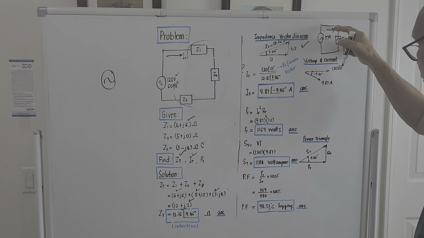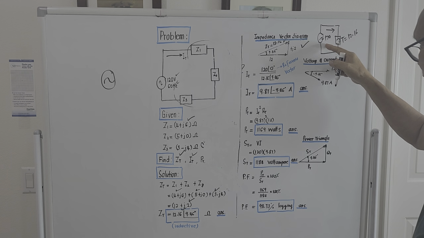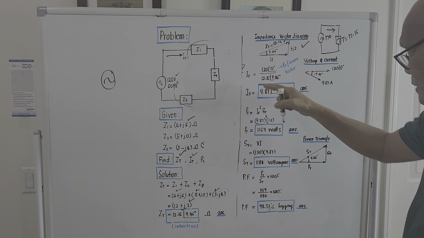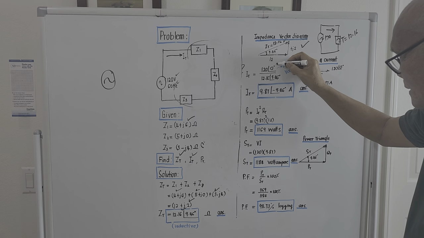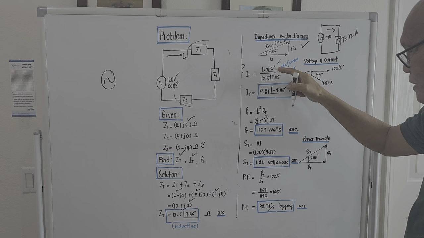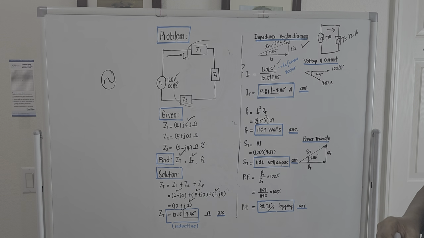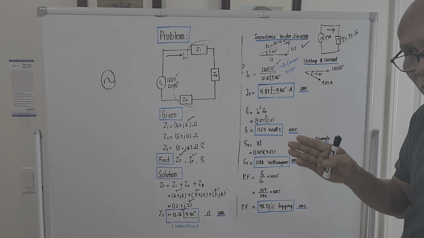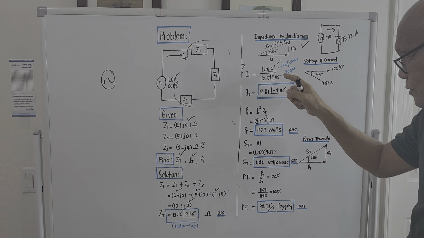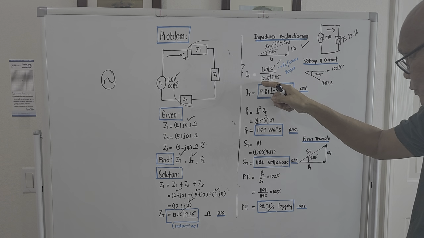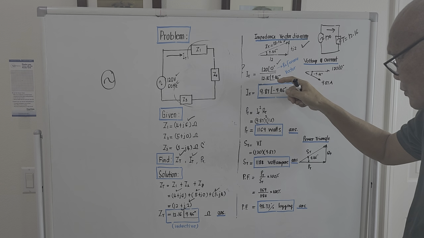So the current will just be simply the applied voltage divided by the single equivalent of the 3 here. So I total will be the given voltage here, 120. Why do I place 0 degree here? As a rule in AC circuit, the source voltage is always the reference vector. So we place an angle for it to be 0 degree. It is at 0 degree divided by 12.16 angle 9.46 degrees.